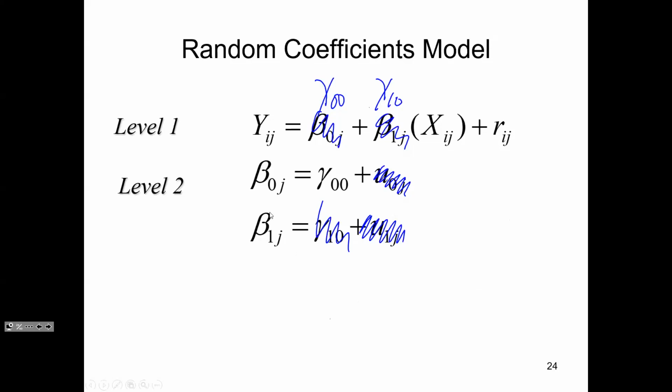So let me come back over here for a sec. I could have a model like this, right? I could have a model where I don't allow the coefficient for the SES slope to randomly vary across schools.